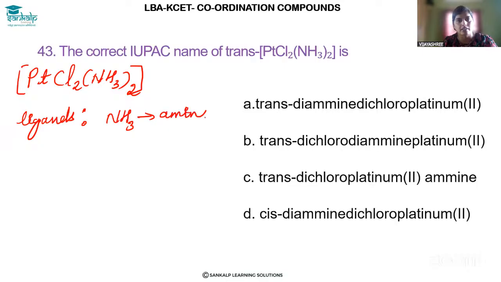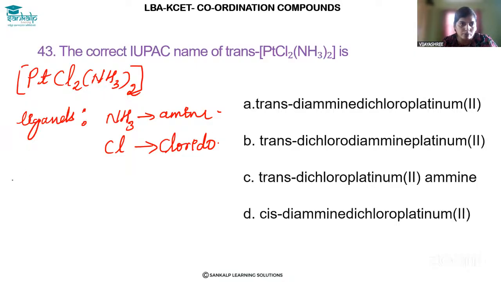It is amine. Then Cl, it is chlorido. Amine and chlorido. As we already know, we have to name the ligands alphabetically. So first we have to name amine and then we have to name chlorido.